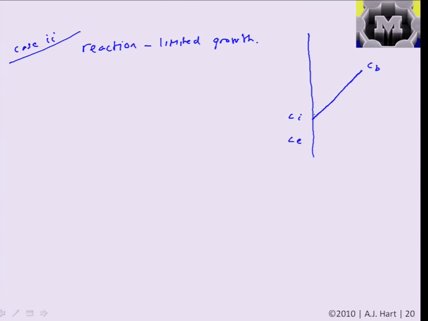So therefore, we can now say not that CI is equal to CE, but that CB is equal to CI.